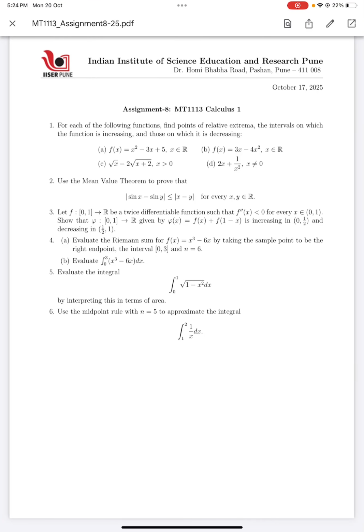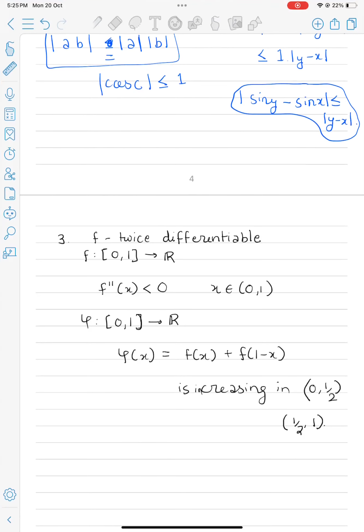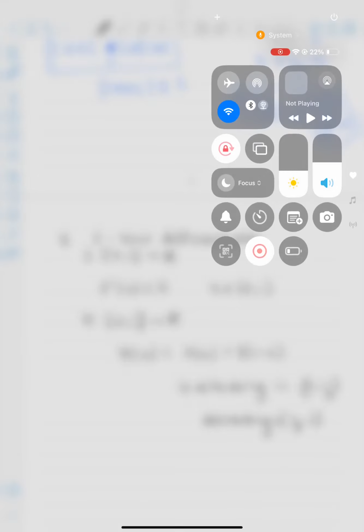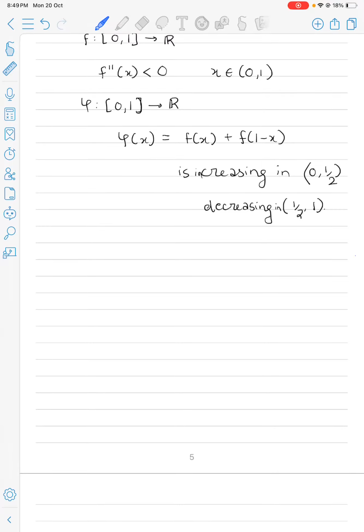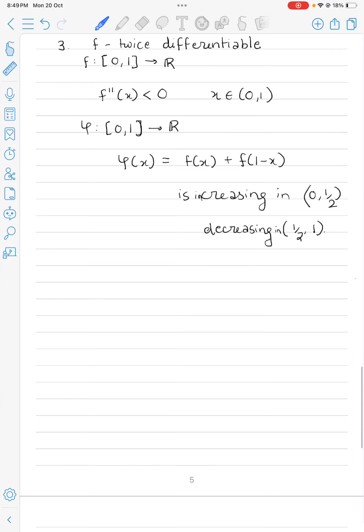So how do you prove something is increasing in an interval? You use this theorem, right?